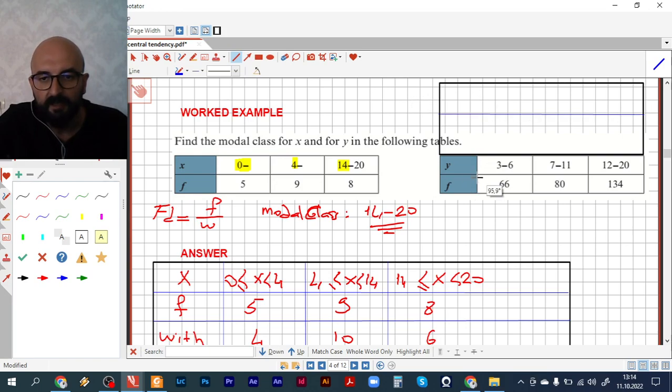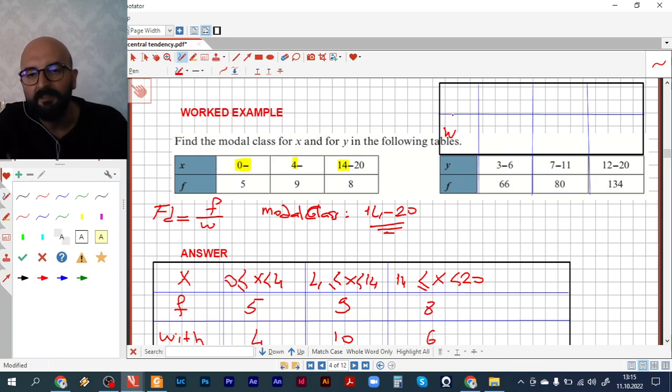Now we have two more columns, the width and the frequency density. But pay attention that this data is not continuous.